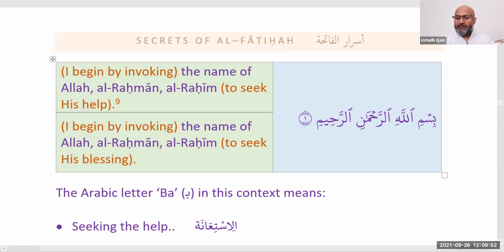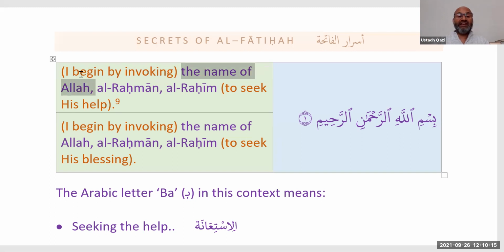What you see here is I begin by invoking, and I've put that in parentheses. That's the mahdhuf, the hidden part, which we can easily tell by studying grammar. Obviously we're not there yet, so I'm just going to give you the answer without explaining how I got it.